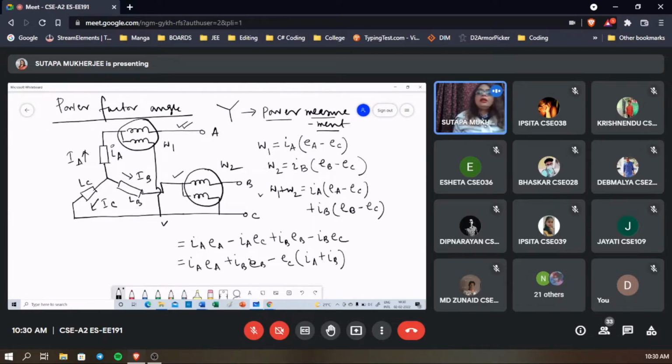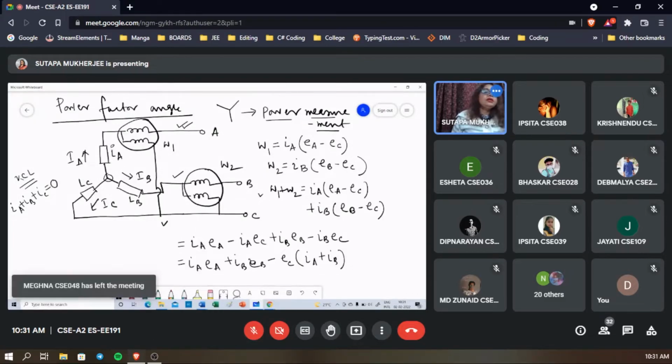Now, using KCL, if you apply KCL at this point, what will happen regarding IA, IB, IC? IA plus IB plus IC equals 0, because the sum of currents entering or leaving a particular node is zero.